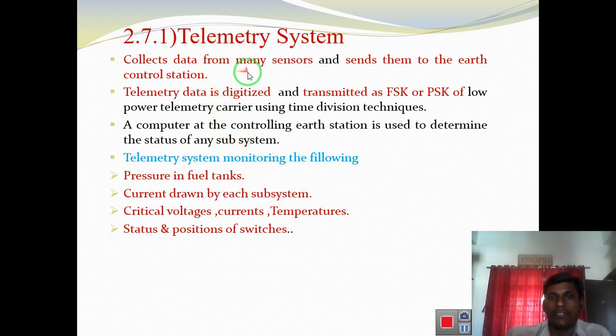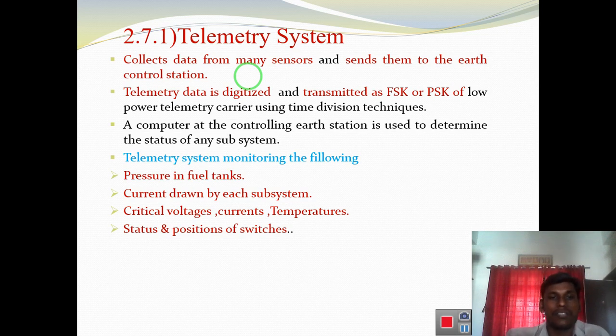And the telemetry system is the system which consists of n number of sensors. Based on the sensors only, it is possible to measure the exact status, even the fuel level in the fuel tanks, as well as how much current is drawn by the subsystem, because in a satellite we have so many circuits: transponder circuits, the antenna subsystem, the command subsystem, the telemetry system.